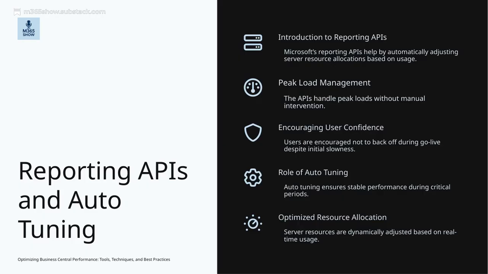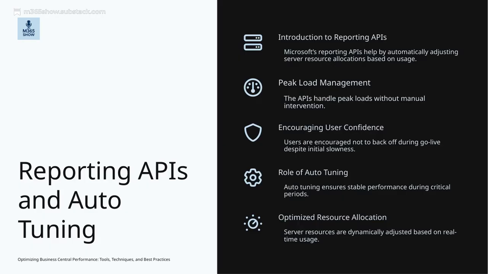Peak load management is another critical factor. The APIs are designed to handle high-traffic loads seamlessly, without requiring manual intervention, which reduces the chances of performance bottlenecks. Microsoft's reporting APIs are particularly helpful here. They automatically adjust server resource allocations based on current usage patterns.